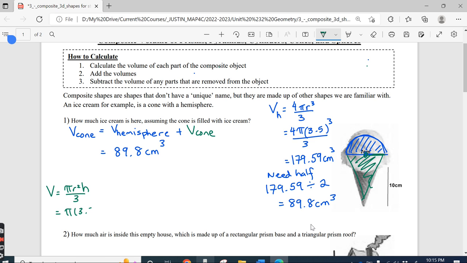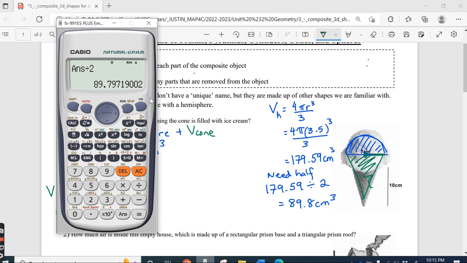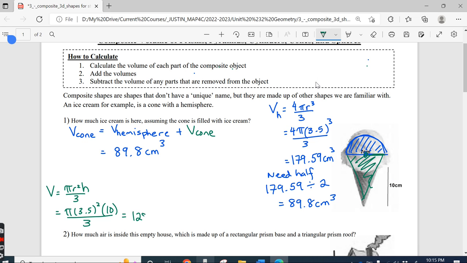So 3.5 squared, and the height is 10, divided by 3. So let's see what we get here if I type this all into my calculator. So that's pi times 3.5 squared times 10, divided by 3, equals 128.28 centimeters cubed.